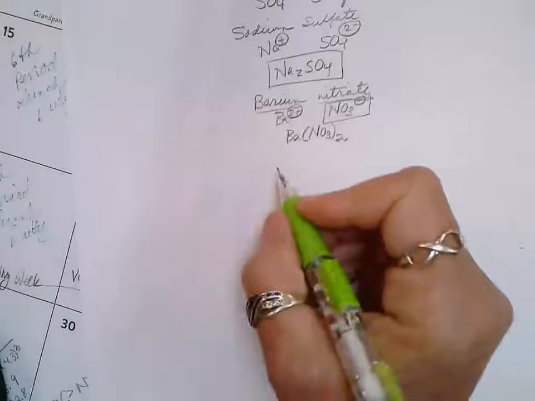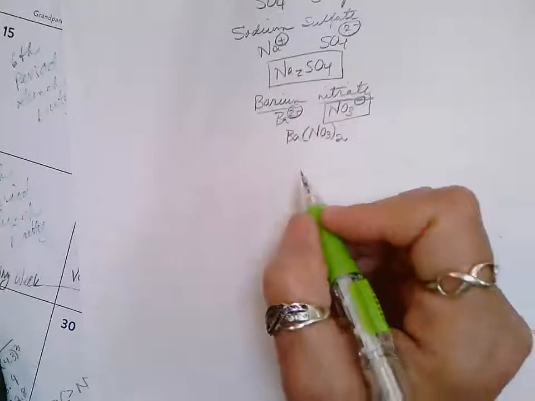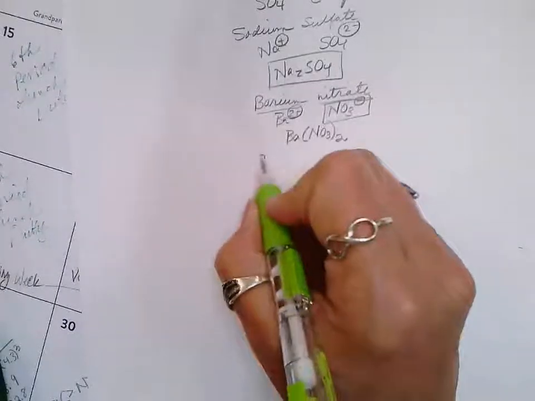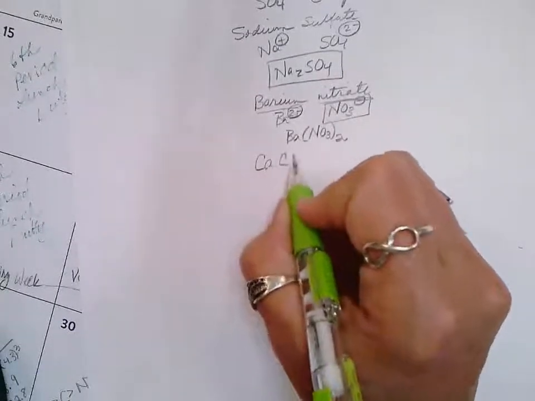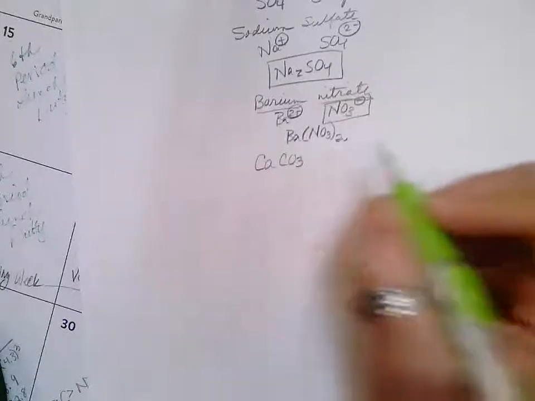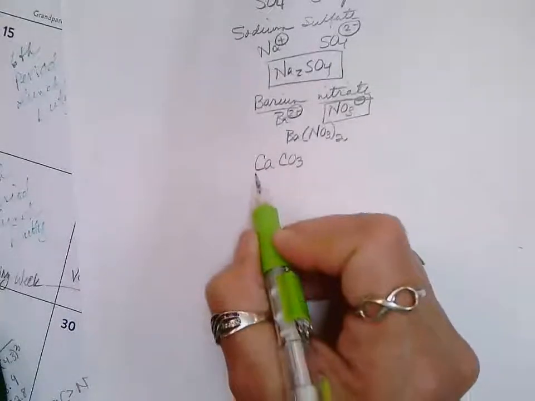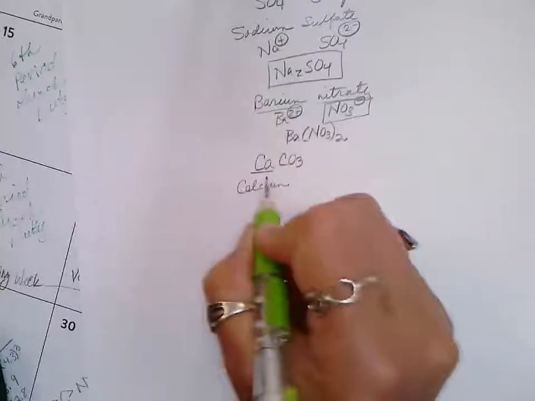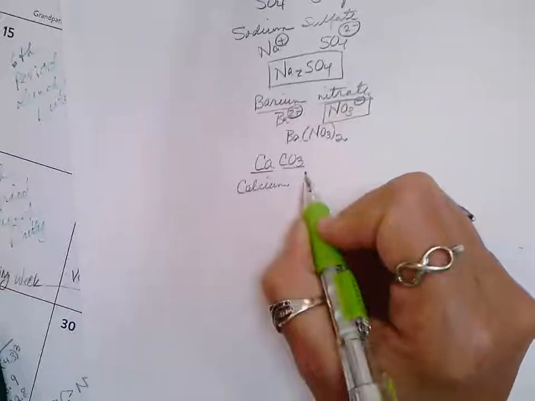What if I give you a formula? Let's say I give you something like CaCO3. Now you have to give me the name. You'd name this one calcium. You'll name this one carbonate.